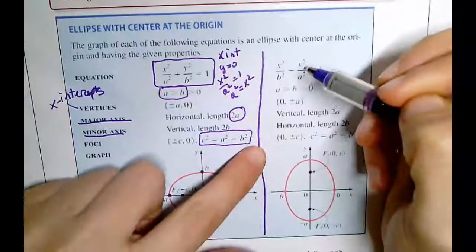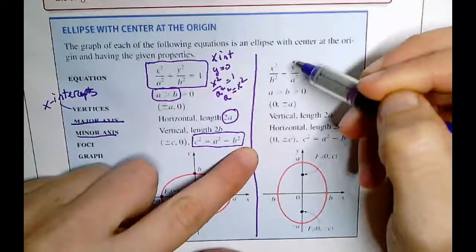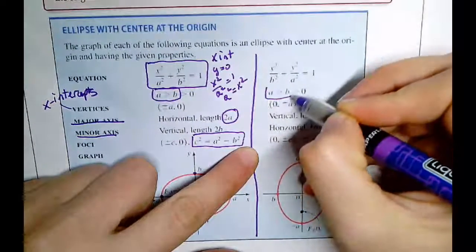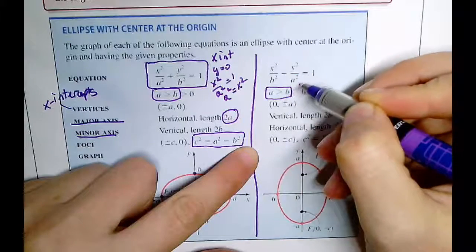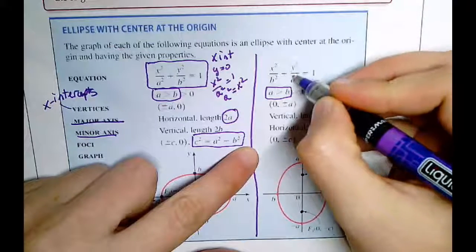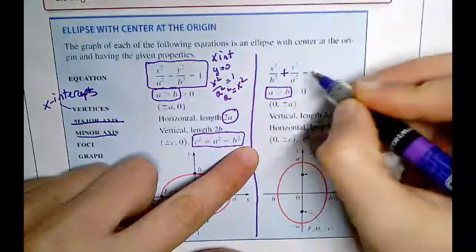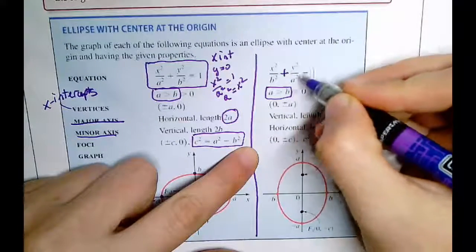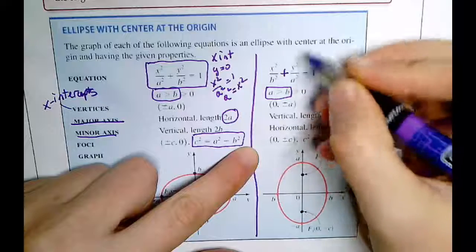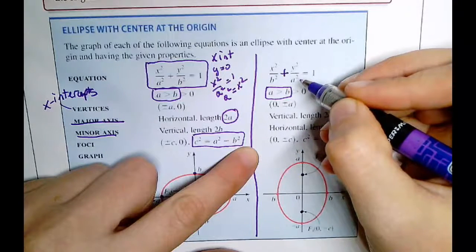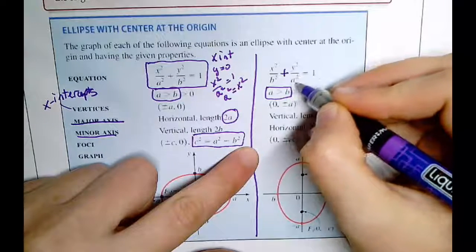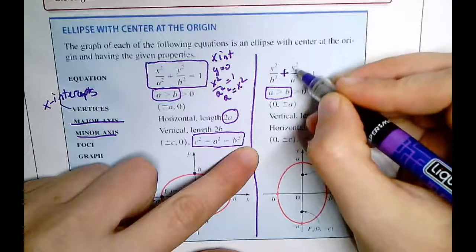On the other side, if a is greater than b, but a is associated with y squared, then the foci are going to be on the y-axis, because the greater number a is associated with y.